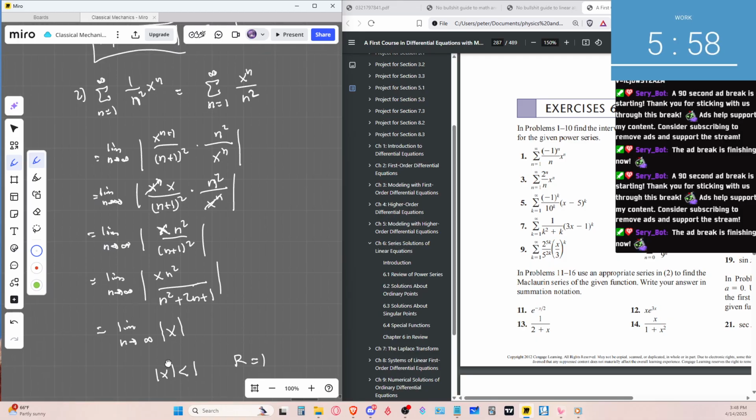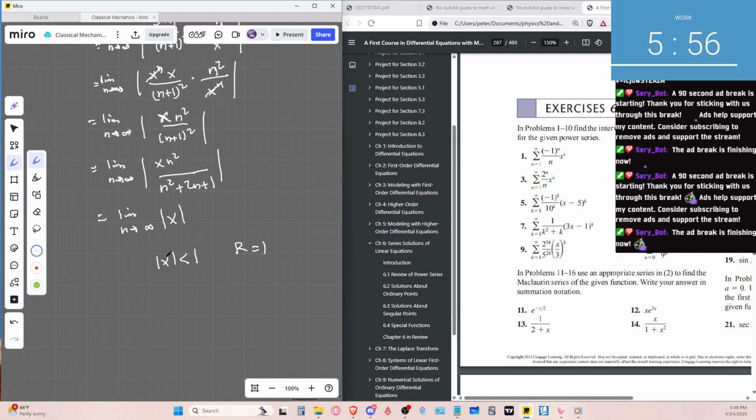Can it equal 1? Yes, it can. So it can equal 1, and then oh, put a little negative sign there. So I think it's the same thing.